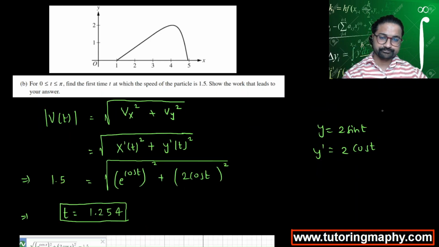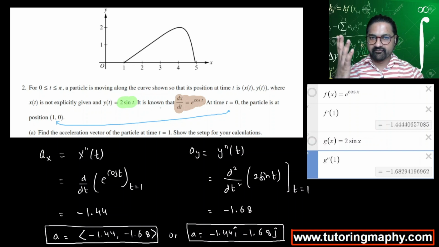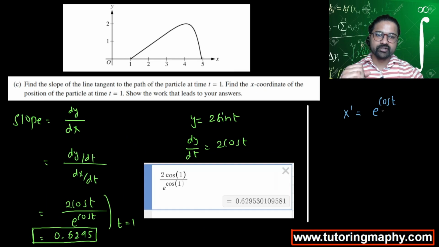One very important thing is given to us: at t equal to 0, the x coordinate of the particle is 1. So the initial condition is given to us, which we are going to use in the definite integral to find the value of x at t equal to 1.